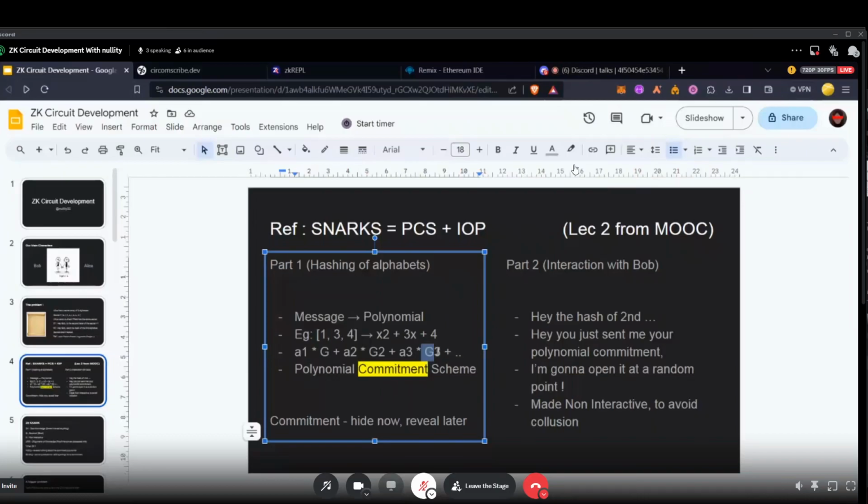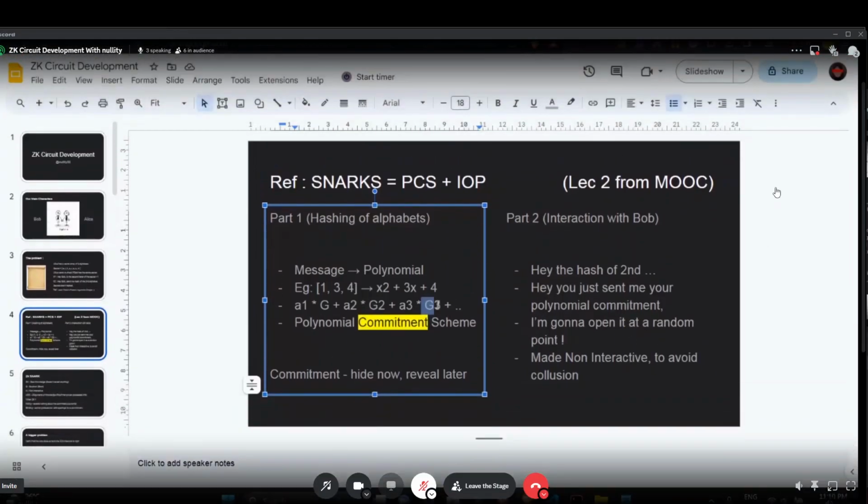These are supposed to be kept secret. When a trusted setup happens, I'm sure you might have seen a lot of tweets saying participate in this trusted setup. What you do is everybody comes together to contribute randomness, and a random set of points are generated and used in generating the commitments.